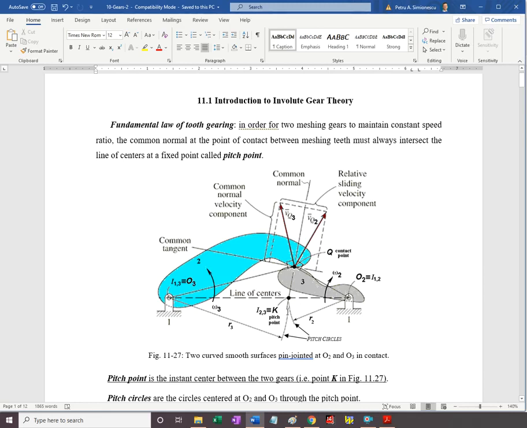We recognize that the instant center between gear 2 and gear 3 is going to be the intersection point between the line of centers, the line that connects the center of rotation of the two gears, and the common normal to the teeth in contact at the contact point.